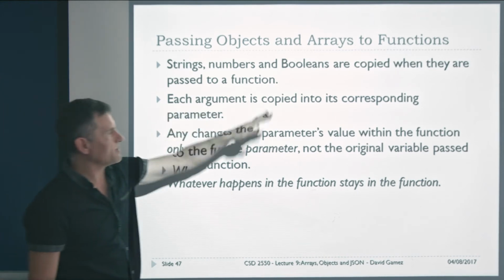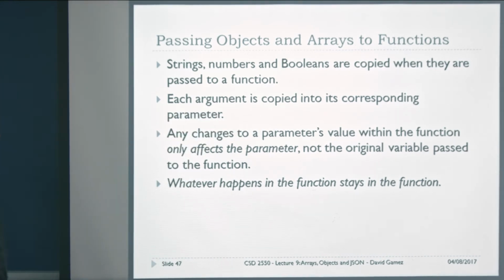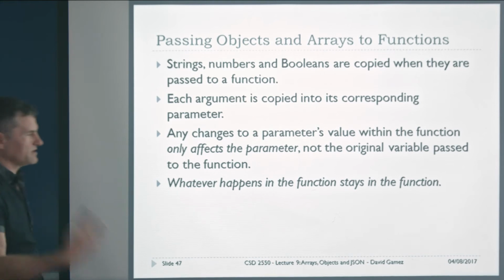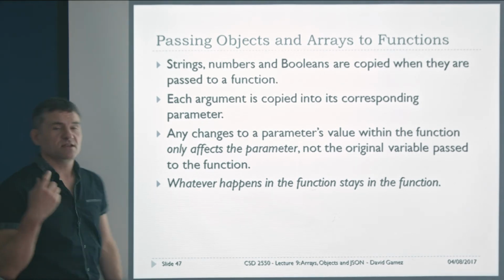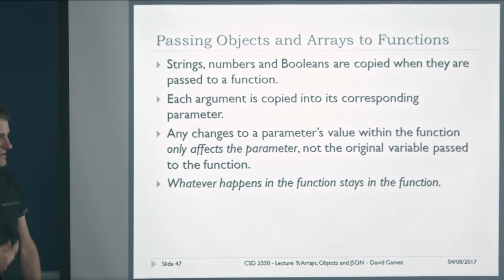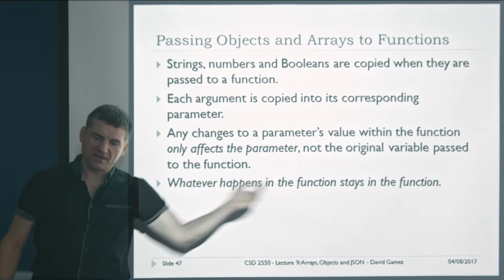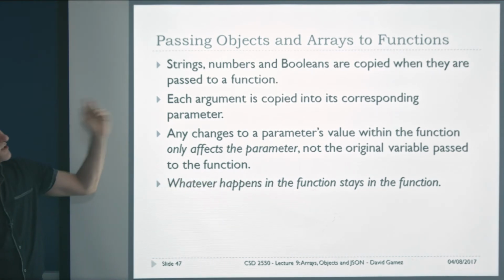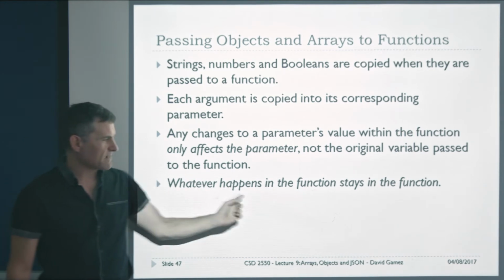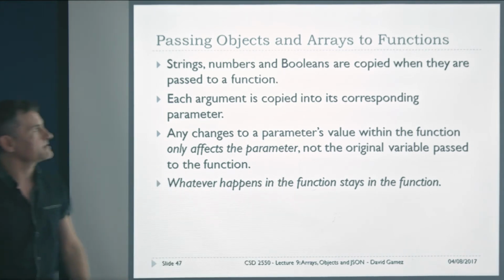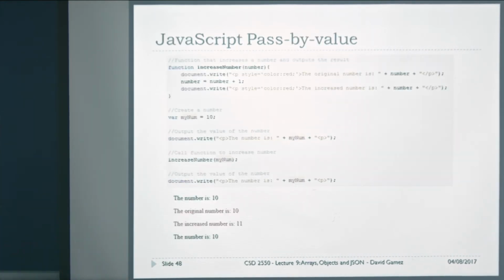Each argument is copied into its corresponding parameter. So any changes to a parameter's value within the function only affects the parameter, not the original variable that you pass to the function. This is the thing to remember with strings, numbers, and booleans. Whatever happens in the function stays in the function, right? It's a paraphrase of what happens in Vegas, right?